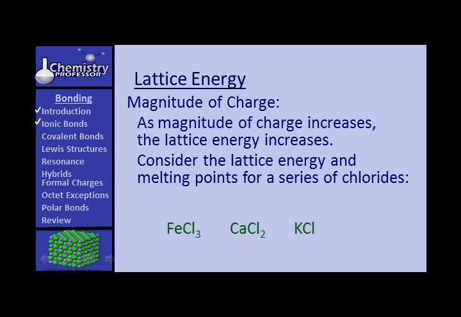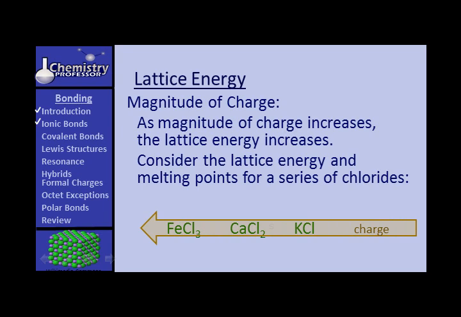Here we have ferric chloride, calcium chloride, and potassium chloride. The ferric ion, or the iron 3, is a +3. The calcium is a +2. The potassium is a +1. Our charge is increasing in this direction. And of course, I'm talking about the charge of the cation.